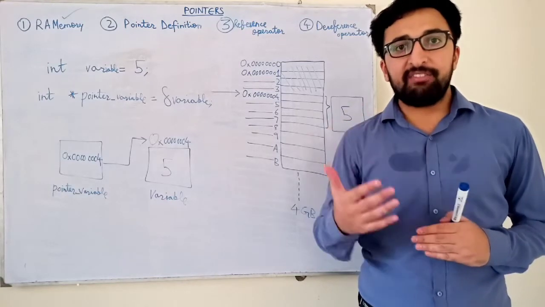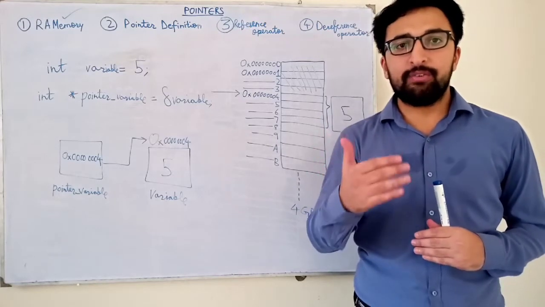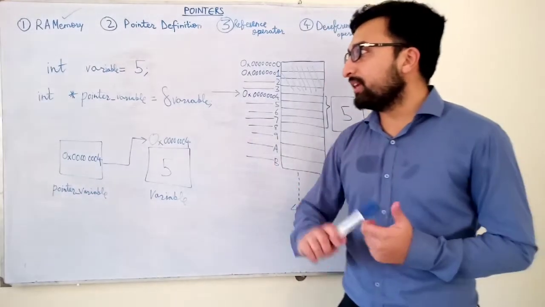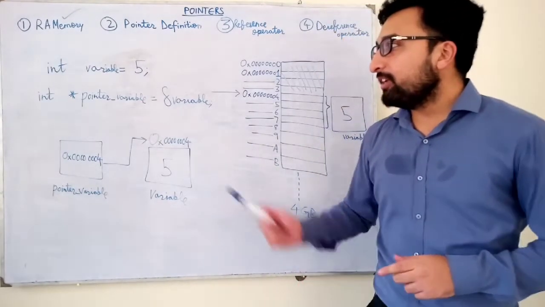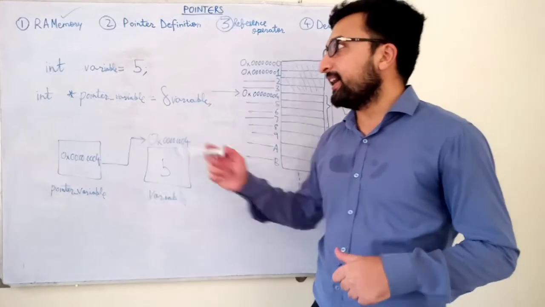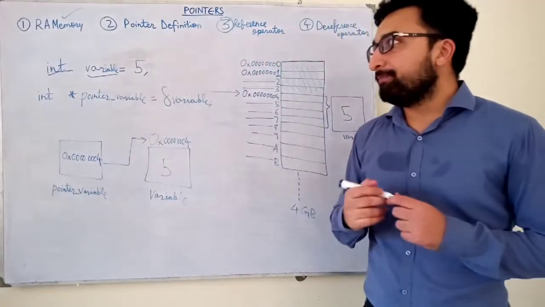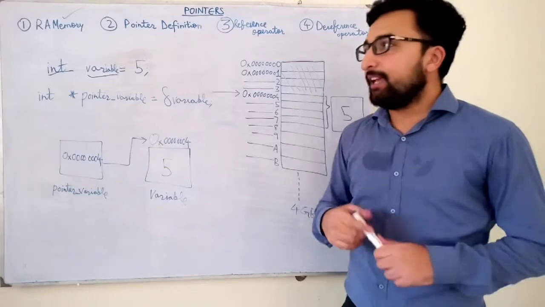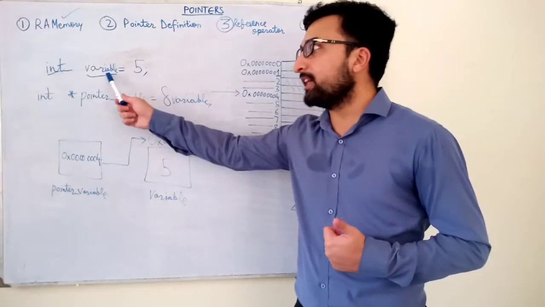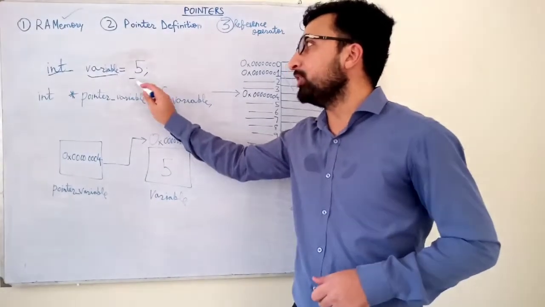However, pointer variables are used for holding certain addresses of some other variables, and there is a slight difference in their definition as well. When we are defining a simple variable, we write the data type and the variable name, and if we are initializing it as well, simple variables are initialized by some values, so we write the third thing, that is a value.